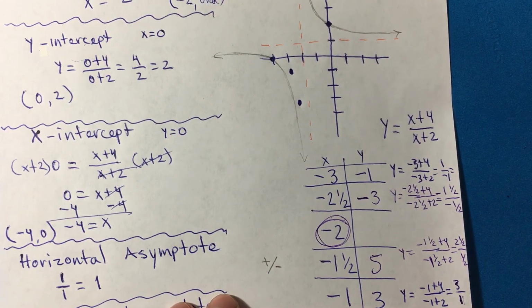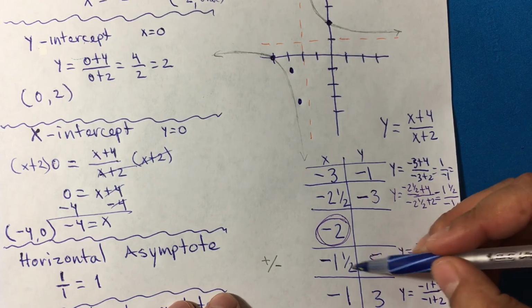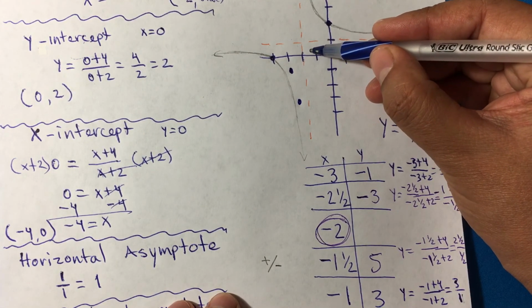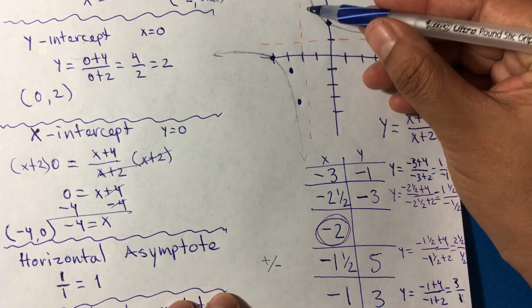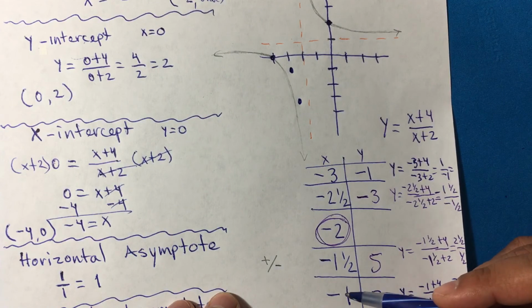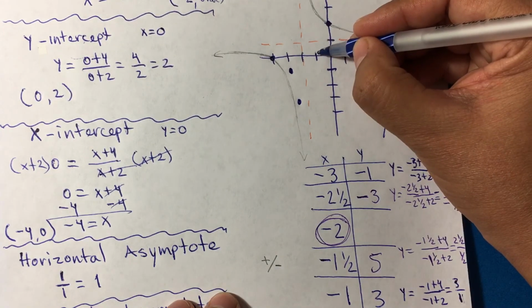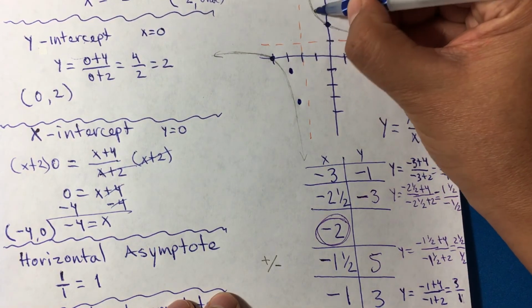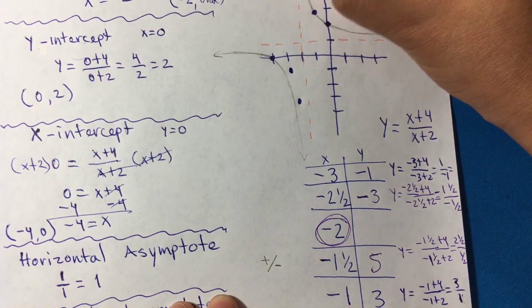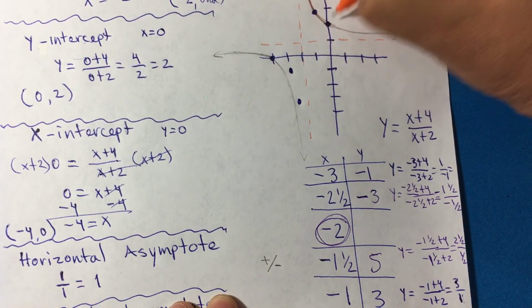On the other side, we have -1 and 1/2 and 5, so 1, 2, 3, 4, 5. That one's closer. And -1, 3: -1, 1, 2, 3. Oh, I was right on the dot. So this is going to be my graph.